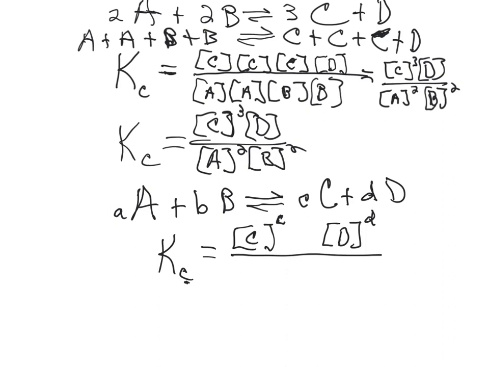They'll put a plus sign instead of multiplying. So these are multiplied, and then you can do the same down here. A raised to the stoichiometric coefficient times B raised to the little b power. So just make sure you do this, and you can apply this anytime you see an equilibrium concentration.